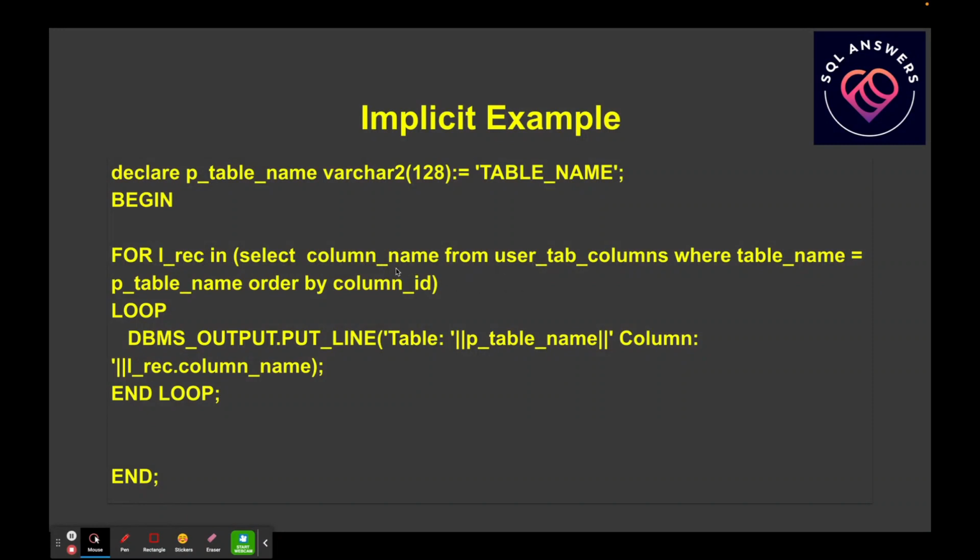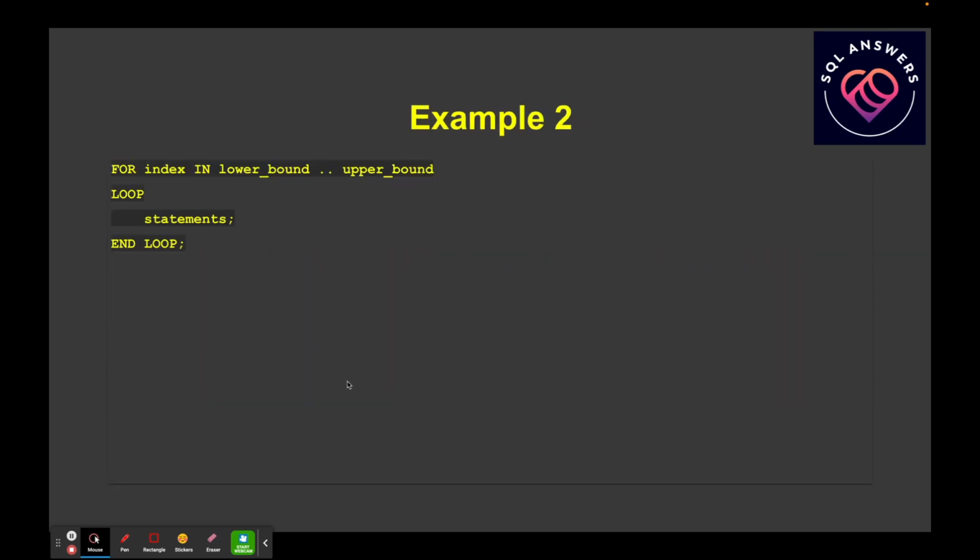In this case, I'm just selecting the column name from user_tab_columns, so the record only has one column in it. I'm getting the rows where the table name equals the table name I passed in, ordering by the column ID, and outputting that table name and column name in the loop. So that's an implicit for loop example.